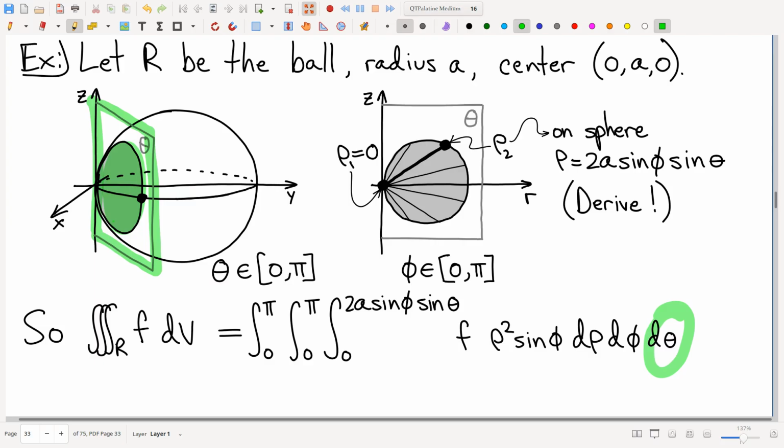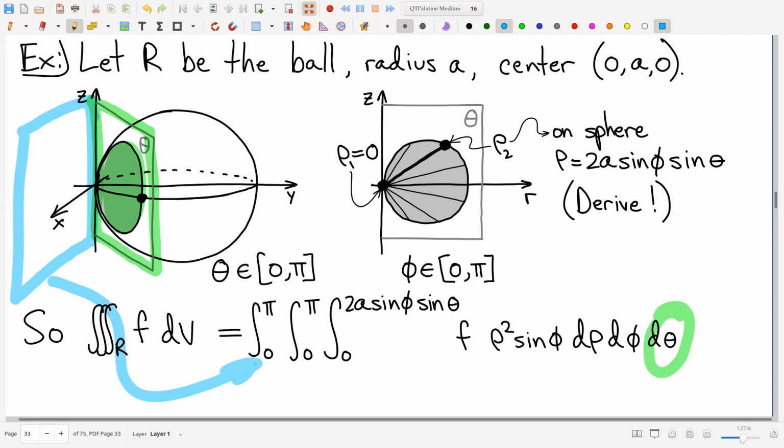So let's think about first and last, and I claim, it's a matter of looking at the picture again, that theta equals 0 is going to be where we'll start. It goes all the way around, well, halfway around, I guess I should say, and then it's going to end when we get over to theta equals pi.